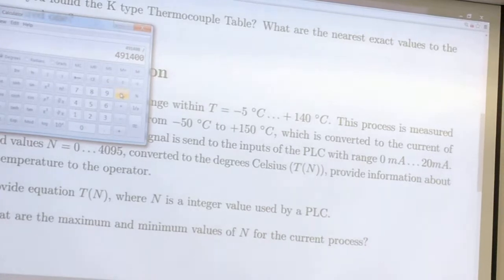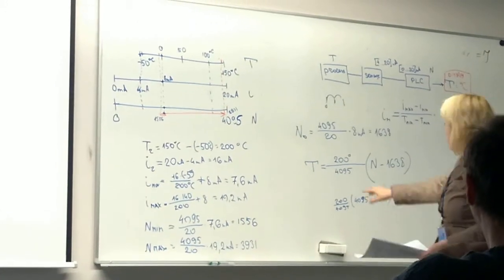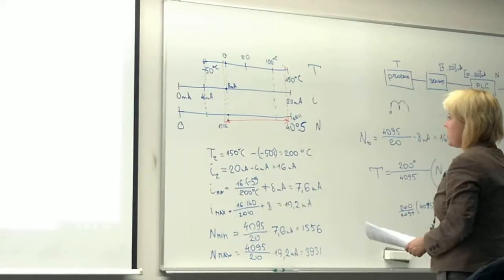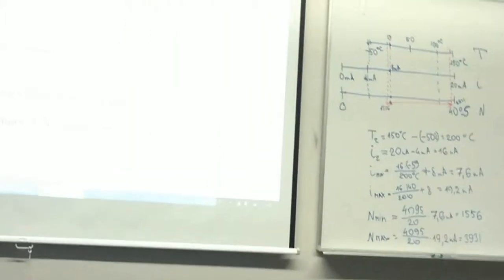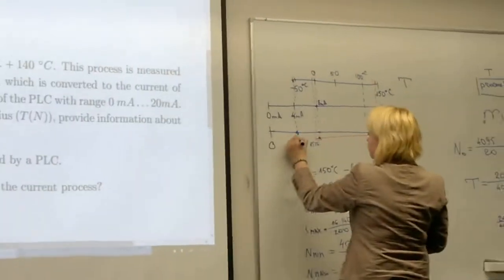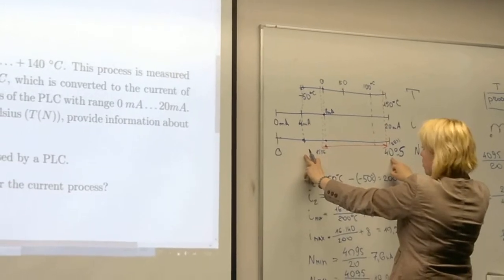Sorry, I have a question. Just a minute. You should divide 200 by... yes, of course. That's the problem, because we are also shifted here, so our range will not be from 0.